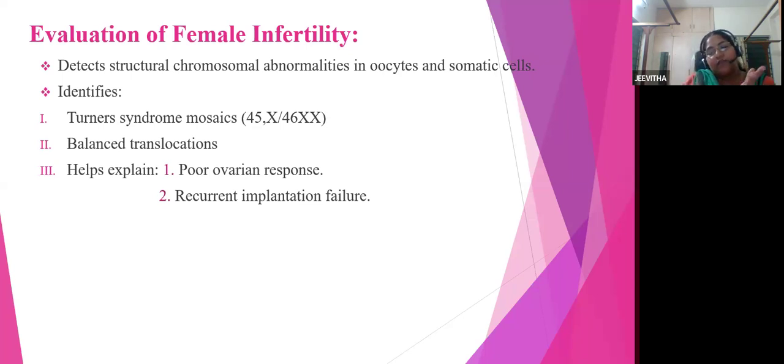So if your 13th chromosome has only one arm, the centromere is here and you just have the lower arm, the Q arm, and a part of that chromosome arm moves to the 14th chromosome and settles as a P arm, people who can identify the 13th or 14th chromosome can easily judge that. If not, FISH is a better technique to easily identify translocations.